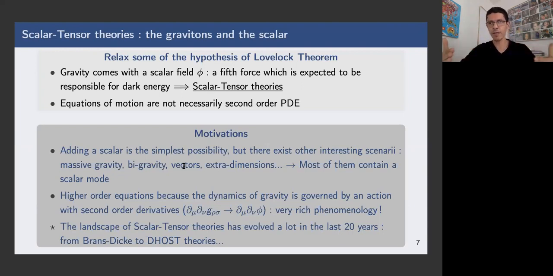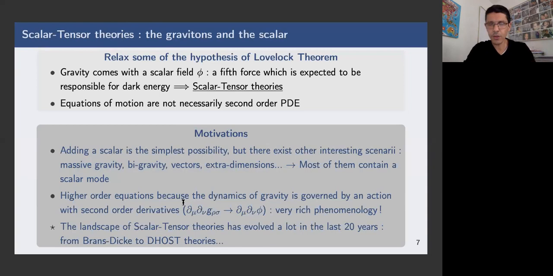You have a lot of possibilities to modify gravity. But again, having a scalar is certainly the simplest possibility. And also, most of these more complex situations contain a scalar mode in the theory. So somehow, this scalar tensor theory is a kind of seed to understand maybe more complex situations.